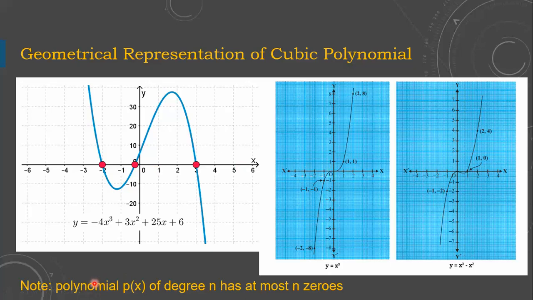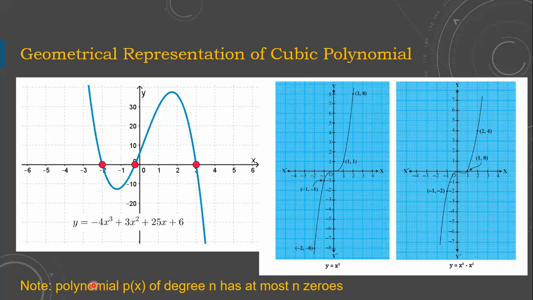Now what can we conclude from these graphs? That the cubic polynomial has at most 3 zeros. What is the degree of the cubic polynomial? 3. And what is the number of solutions at most? That is 3. Now again I am telling you, for a quadratic polynomial the degree is 2 and the number of at most zeros is also 2. For a cubic polynomial the degree is 3 and the number of at most zeros is also 3.